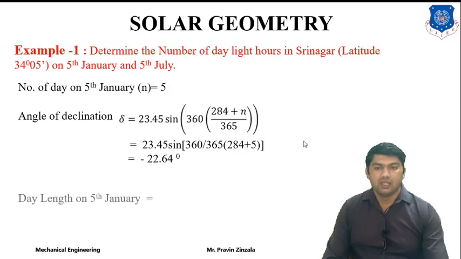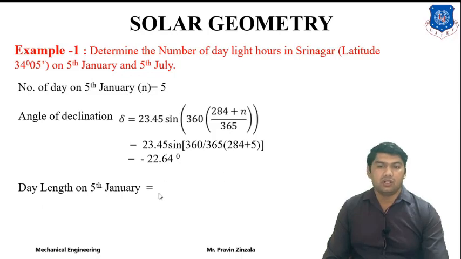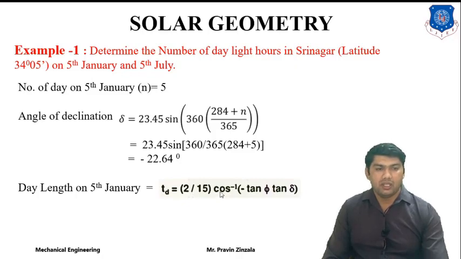In the third step, we calculate the day length on 5th January. The final equation for day length is 2/15 times cos inverse of minus tan phi times tan declination.